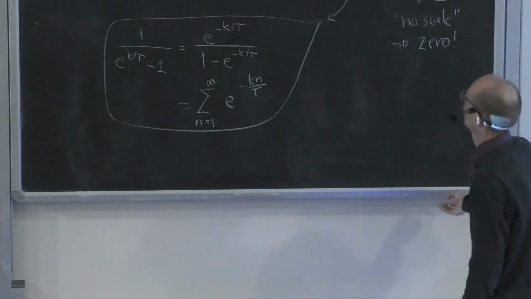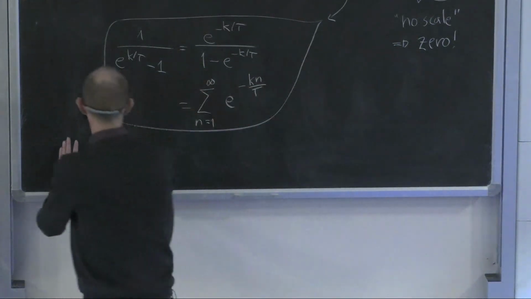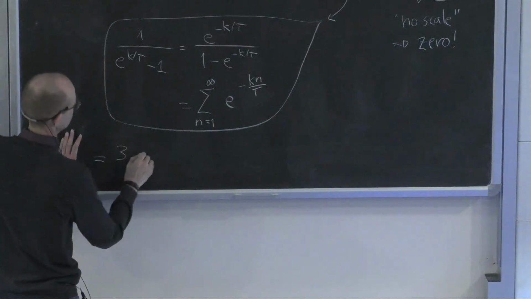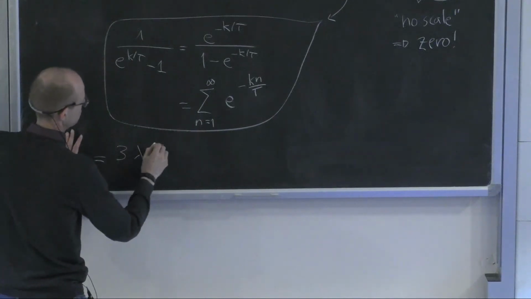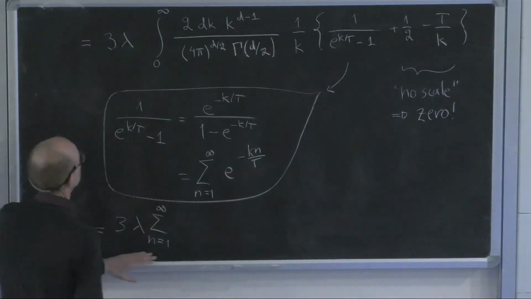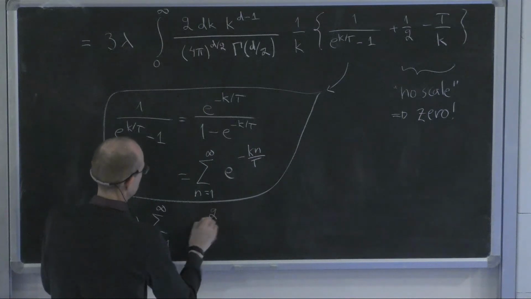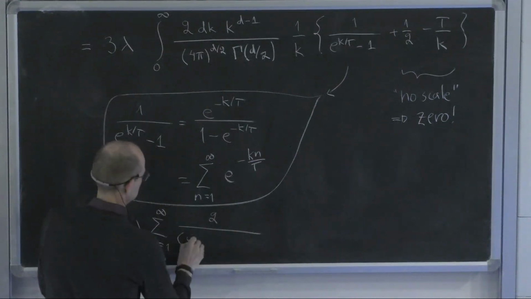Okay, so let's now see what have we got? Now I pull the summation maybe here in front, and then I have some factors which I can also pull out here.